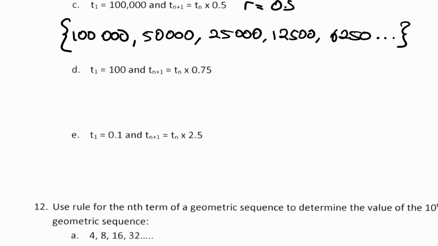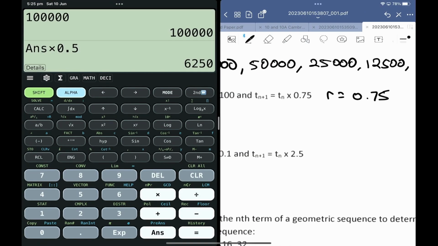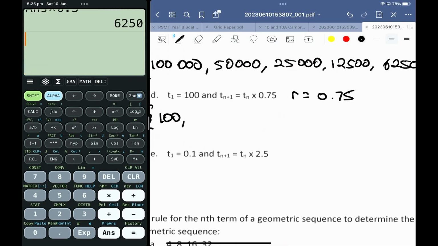Okay, question D. Starting off with term 1 is 100, and my ratio this time is 0.75. So I plug in 100 times 0.7, whoops, I didn't press answer, let's try that again, equals, answer times 0.75, that looks better.